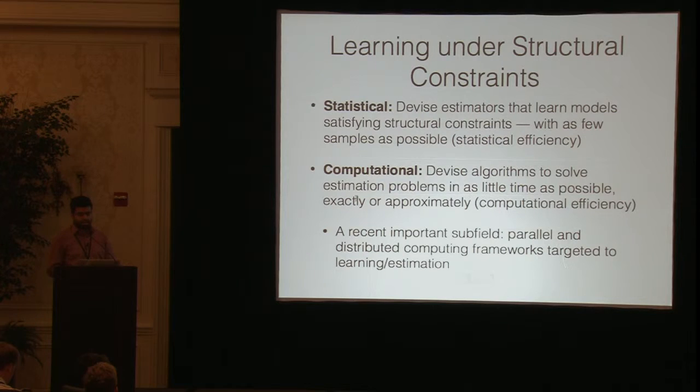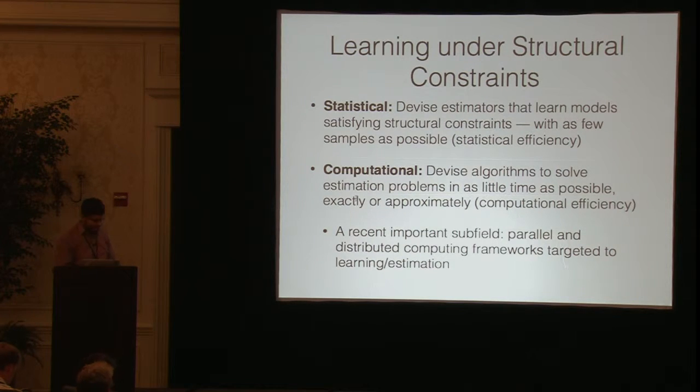This computational stage has attracted a lot of attention in recent years, with a lot of effort devoted to devising computational frameworks, including parallel and distributed computing frameworks, to solving these statistical estimators devised in the statistical stage as efficiently as possible.